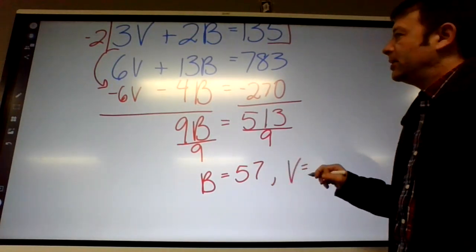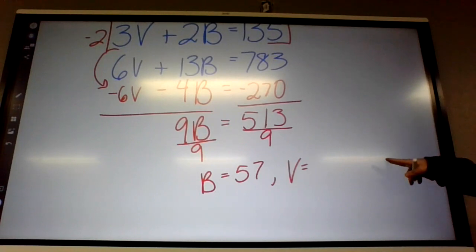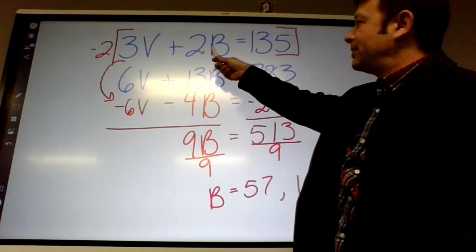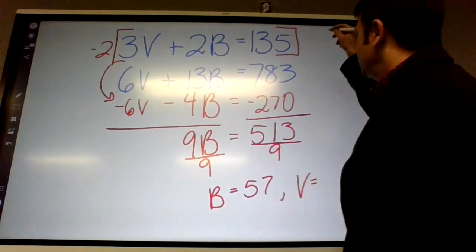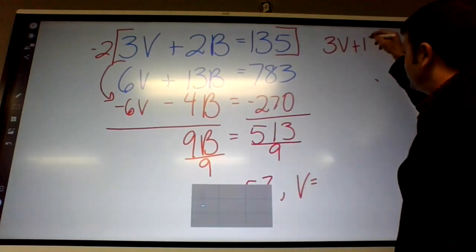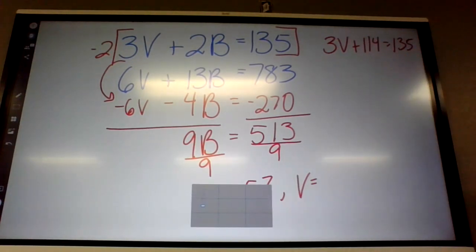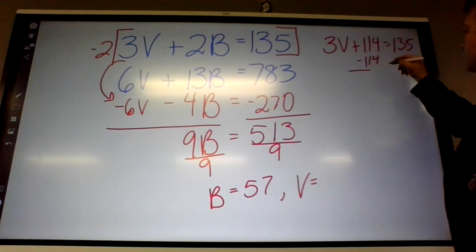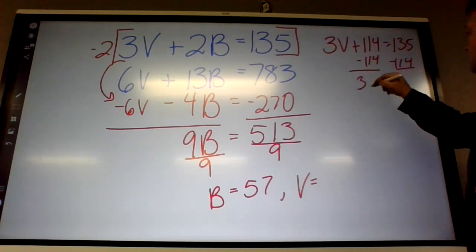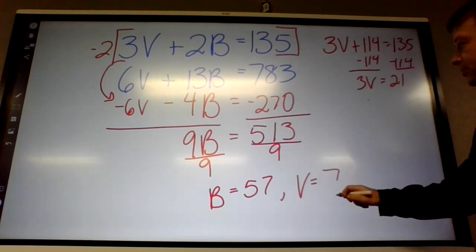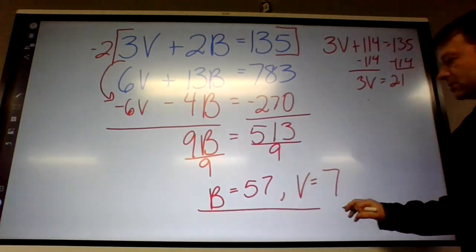Okay, if the bus holds 57, maybe I can put that 57 right here. 2 times 57 is 114. So 3V plus 114 equals 135. So vans hold just 7.